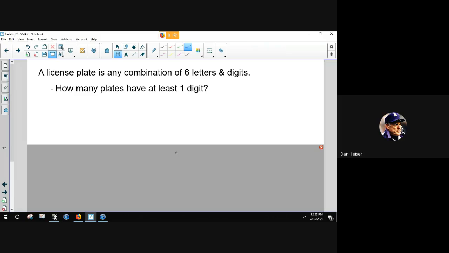Now there's a couple ways to do this. One method, which I call the we don't want to do this method, is to figure out how many have 1 digit, how many have 2 digits, how many have 3 digits, 4, 5, and so on. Every single possibility. And oh, by the way, when we do the 2-digit one, the 2 digits could be here, or they could be these 2 spots, or these 2 spots.